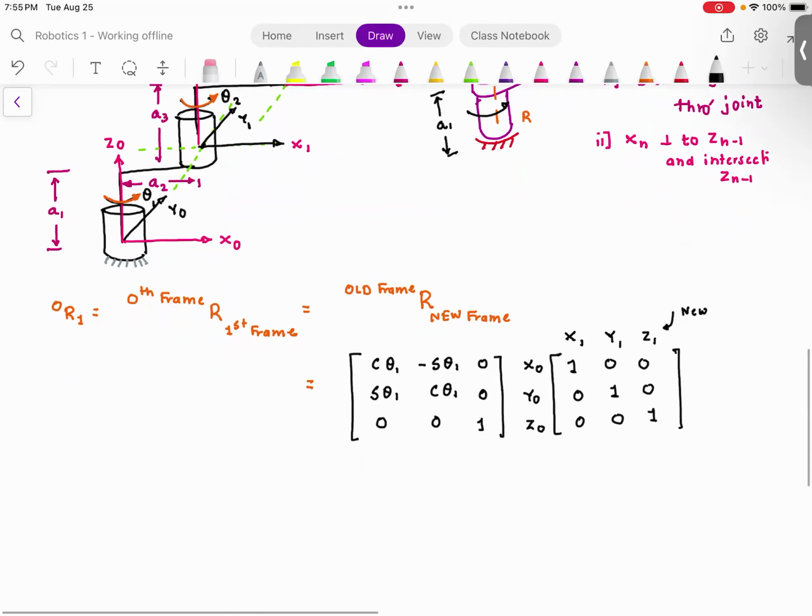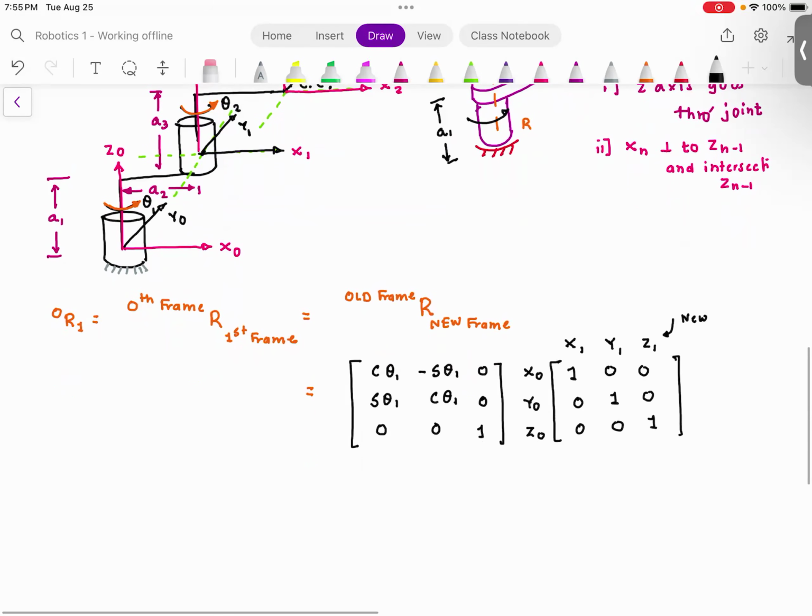Now, next thing is a little bit you want to be careful. Rotation matrix encodes the rotational information, which means how are these two frames related in rotation. But please understand, these two frames are also translated. They are not on top of each other. These two frames are apart from each other.